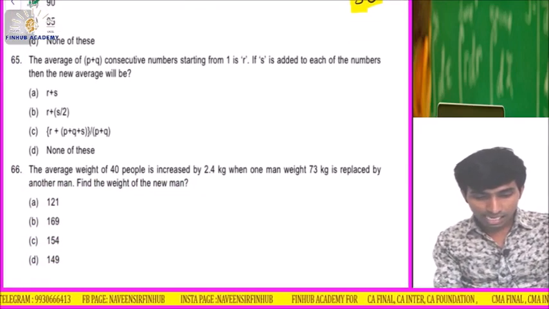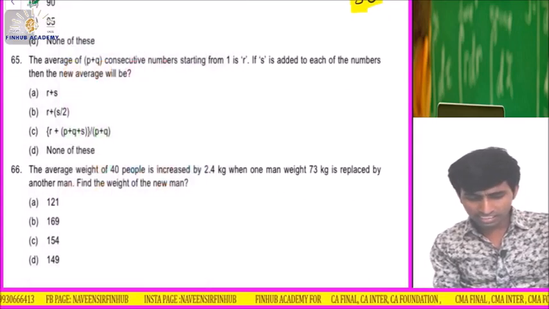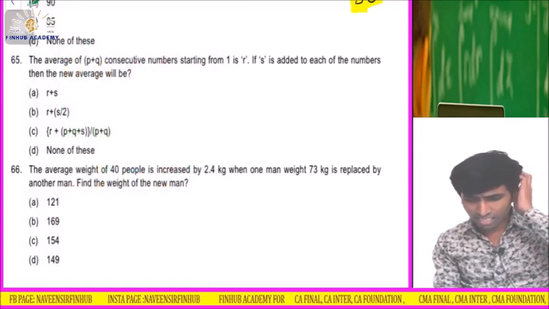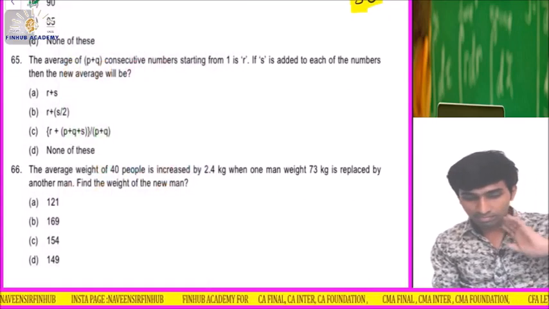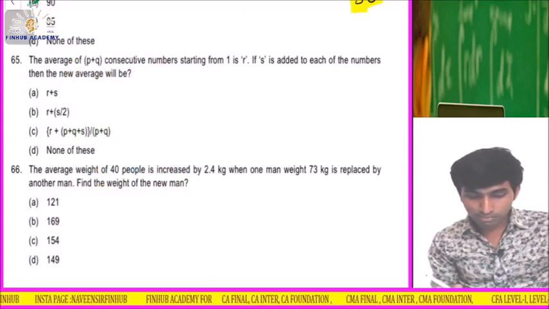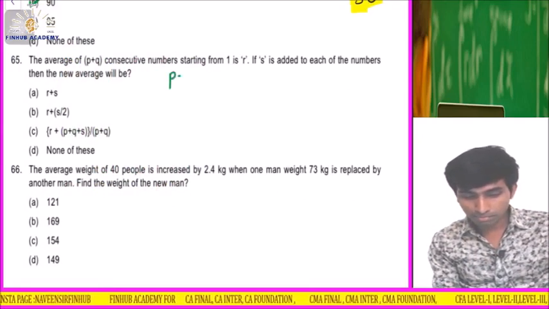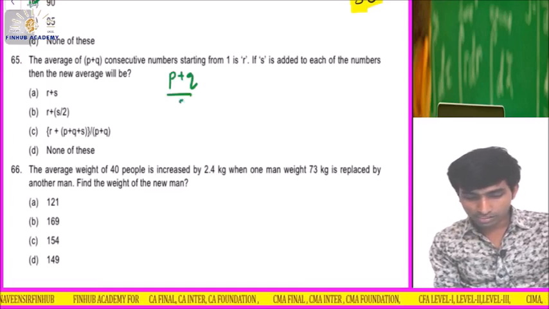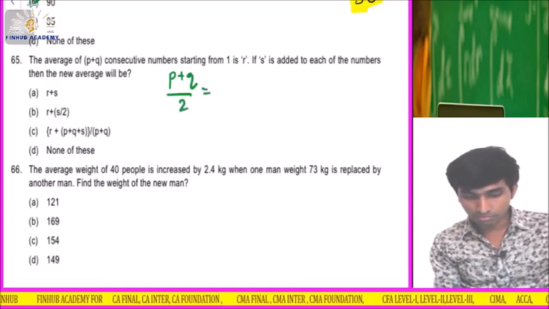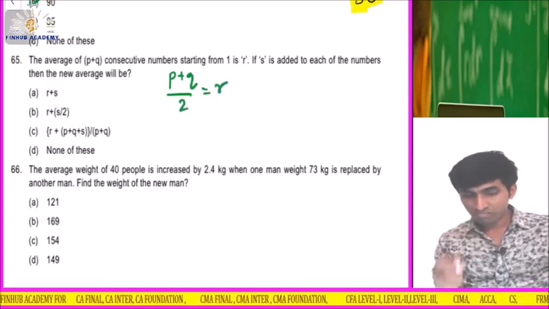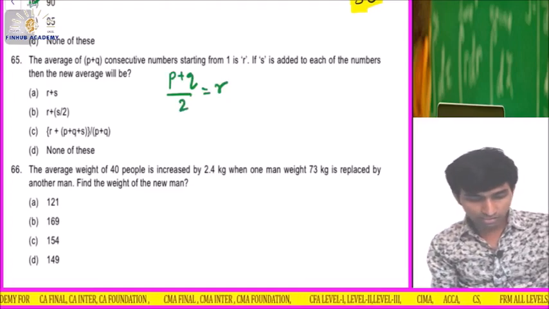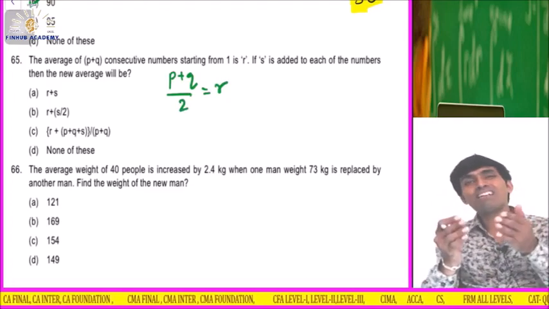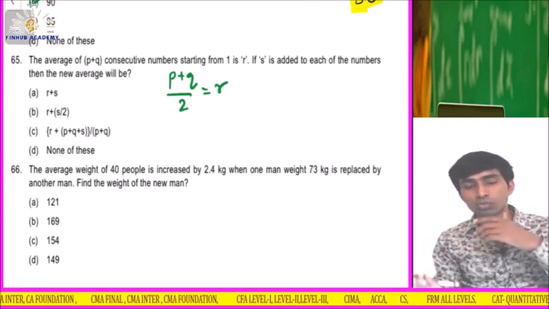The average of P plus Q, okay, consecutive numbers starting from 1 is R. The average of this means divided by 2, starting from number 1, is R. If S is added to each of the numbers, what will the new average be? When you add something constant to it, it is called what?